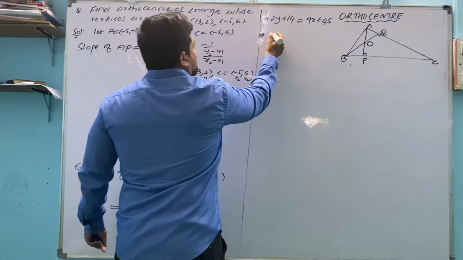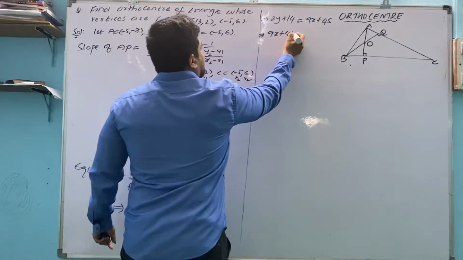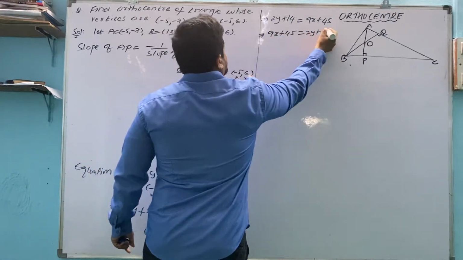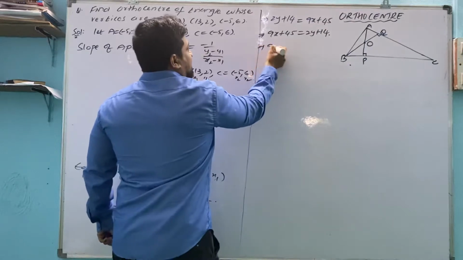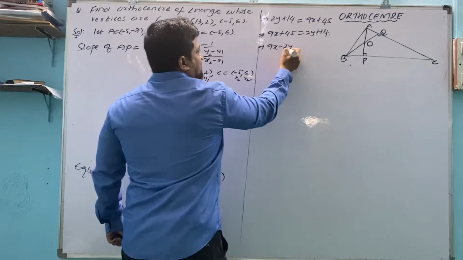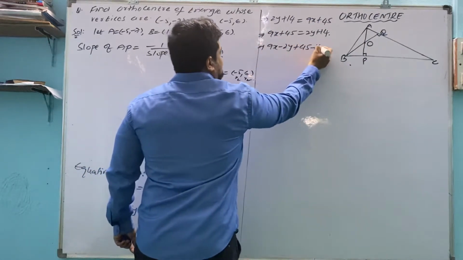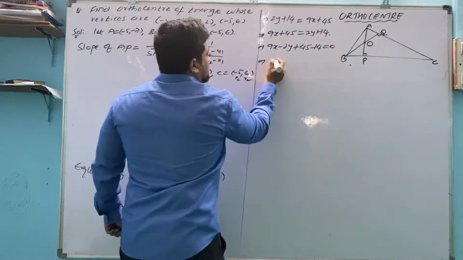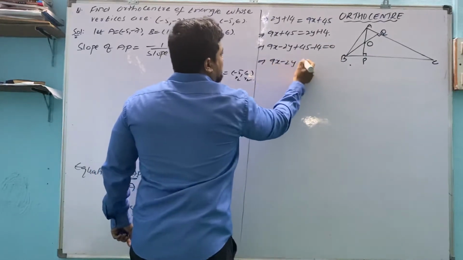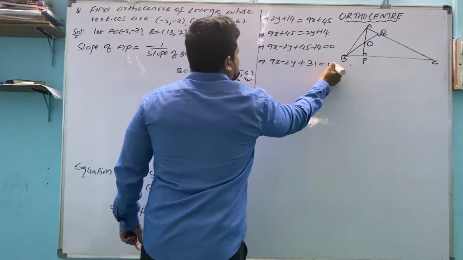Then we have 9x on the right side and this value on the left side. We interchange the sides so the y value is beside the x value, then plus 45 as it is, minus 14 equals 0. This is 9x minus 2y plus 31 equals 0.